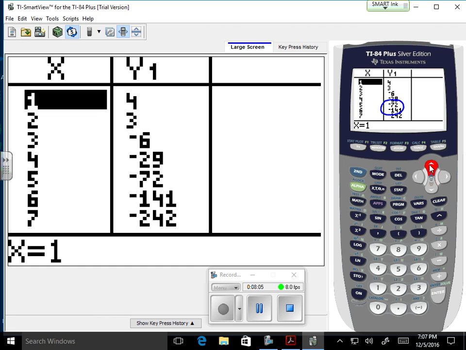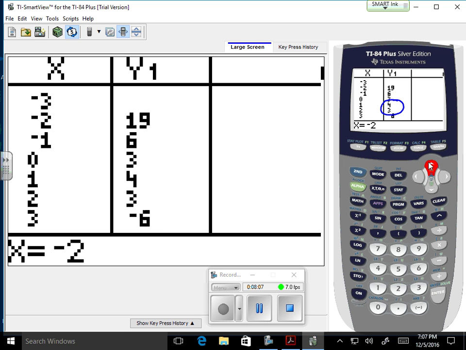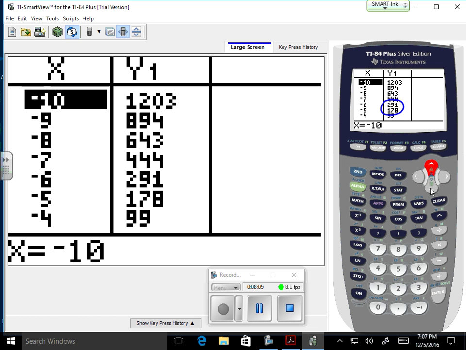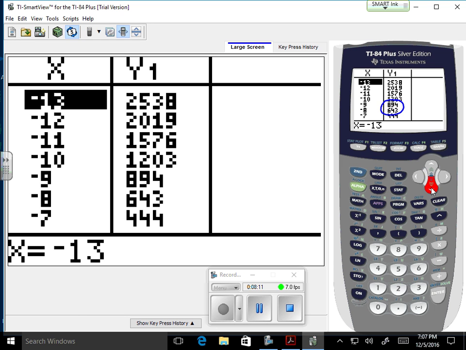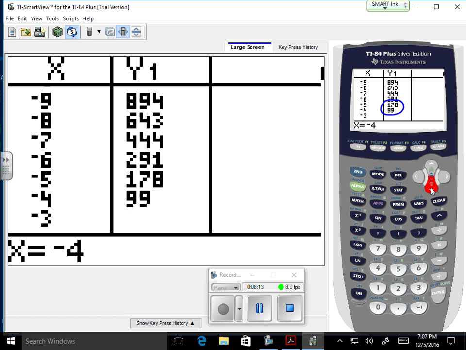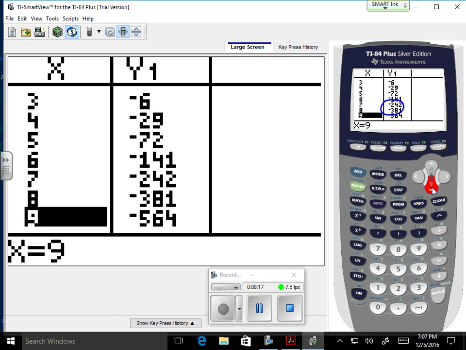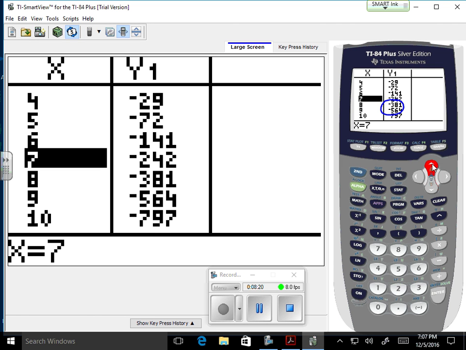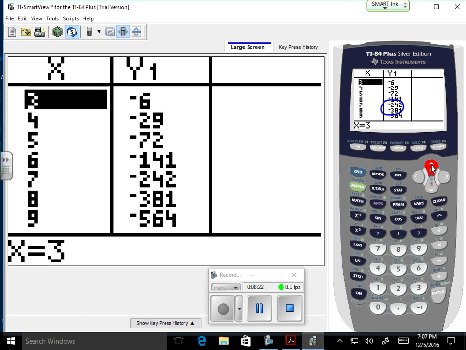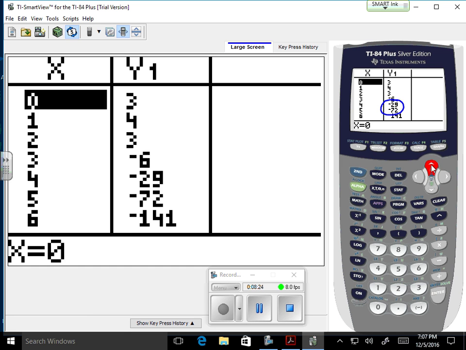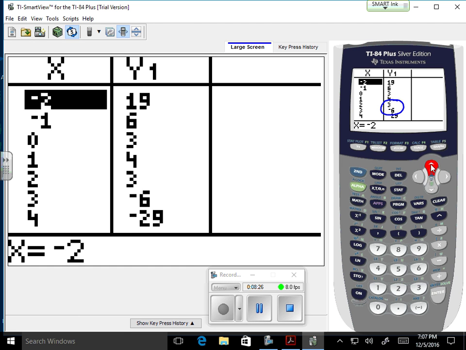We go up. It keeps getting larger. So the only sign change we have is right here between 3 and negative 6. So our 0 is going to occur somewhere between 2 and 3 on the x-axis.